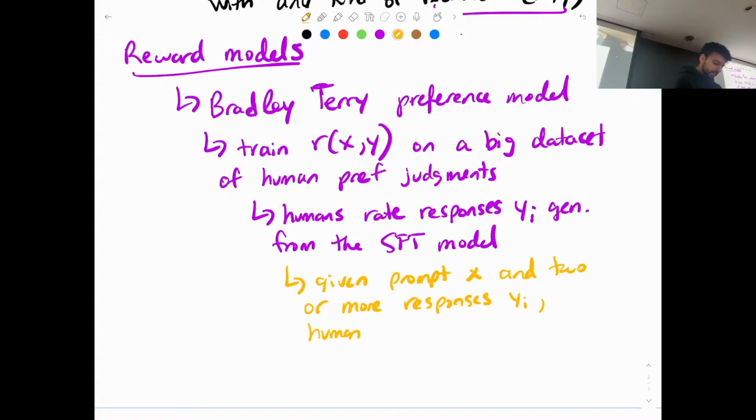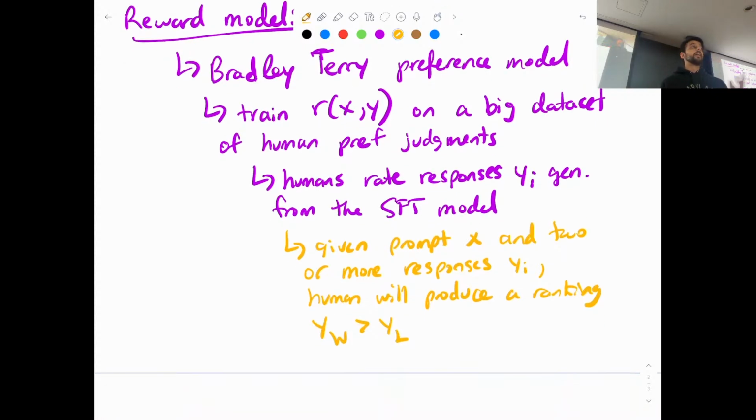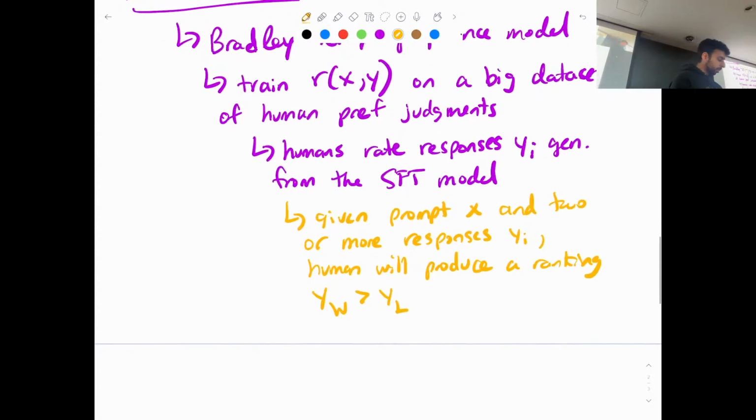The human will produce a ranking, and we denote the response that's a winner, y sub w, which the human might rank higher than the losing response, y sub l. Note that these are relative rankings. So y sub w and y sub l could both be bad, but one just might be a little better than the other. Or they could both be good. You don't know because there are no absolute scores assigned by the human to these responses. They're just saying, I like this one more than this one.